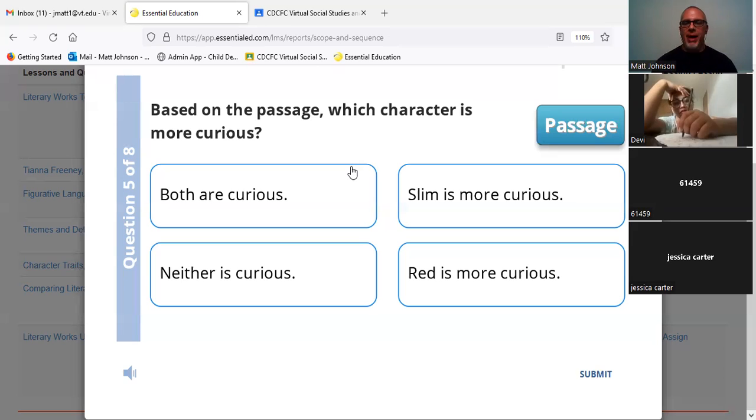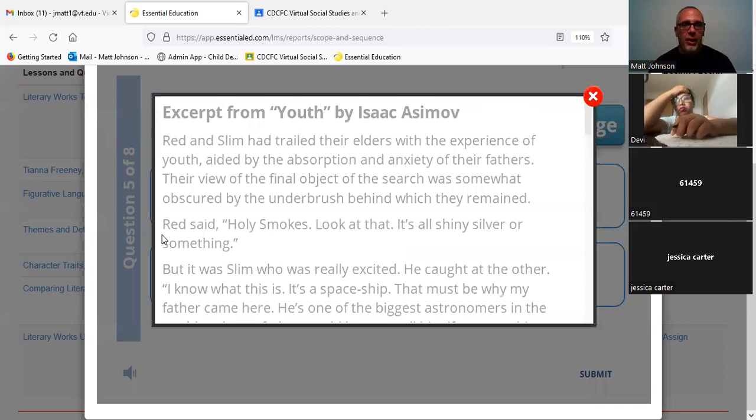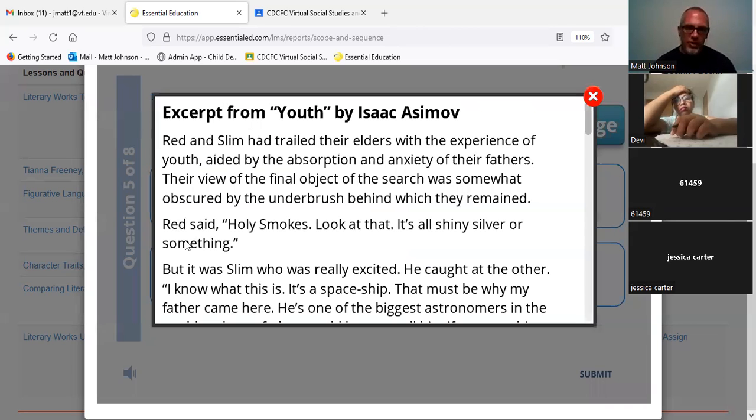So based on the passage, which character is more curious? It turns out it's Slim, and that's pretty obvious early on in the passage. Red said, "Holy smokes, look at that. It's all shiny silver or something." But it was Slim who was really excited. He caught at the other, "I know what it is.